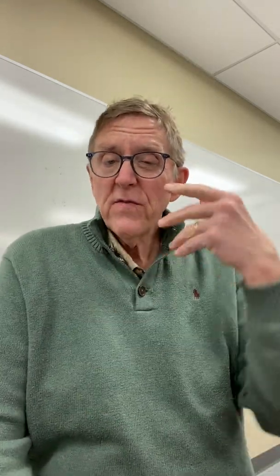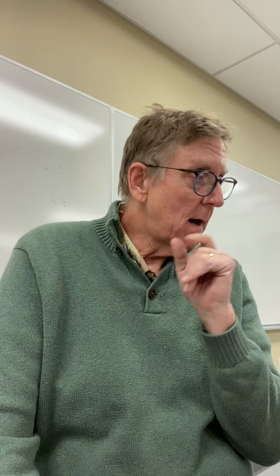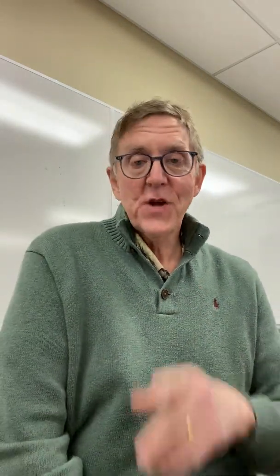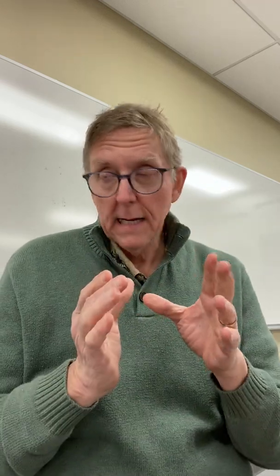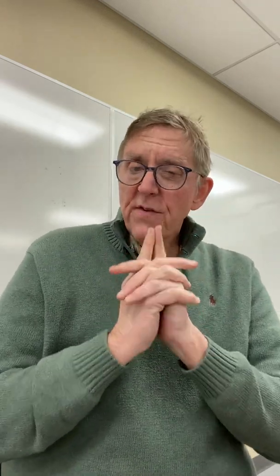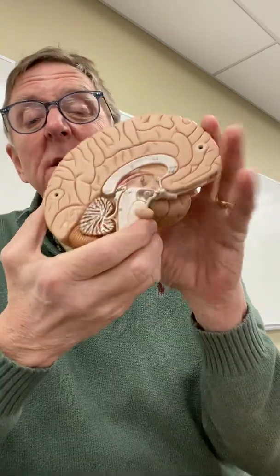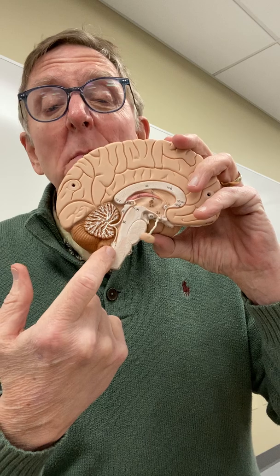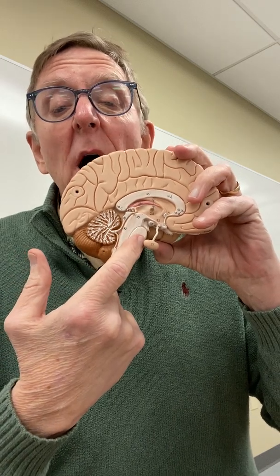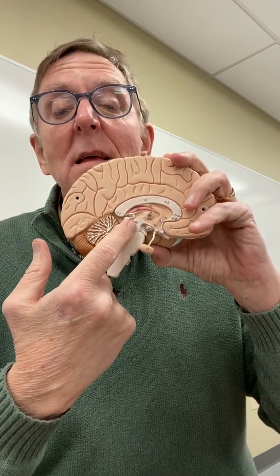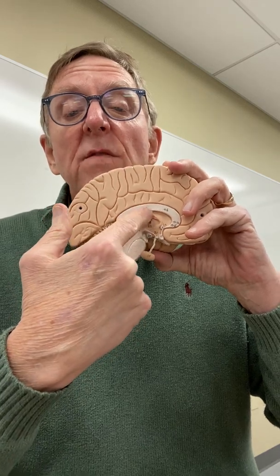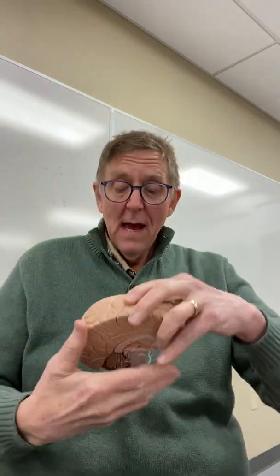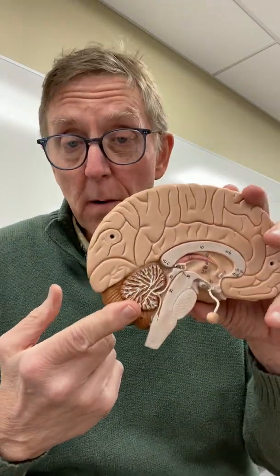So this is a continuation of the chapter, and I don't remember the number, the chapter covering the brain. Last time we had talked, you see I even have a model here, about the medulla oblongata, the pons, the midbrain in this area, and then we said this region up in here was the diencephalon. We also talked about the cerebellum.